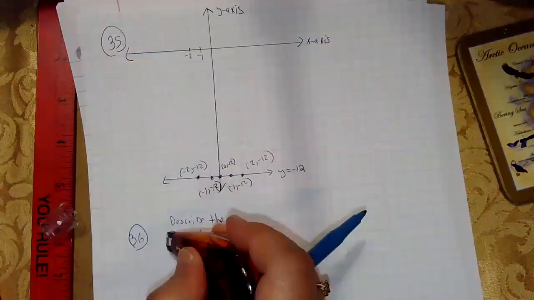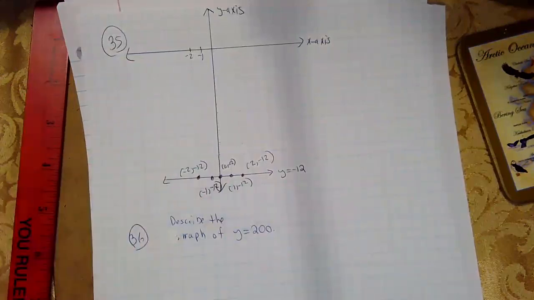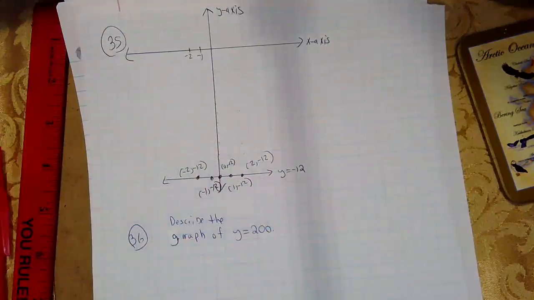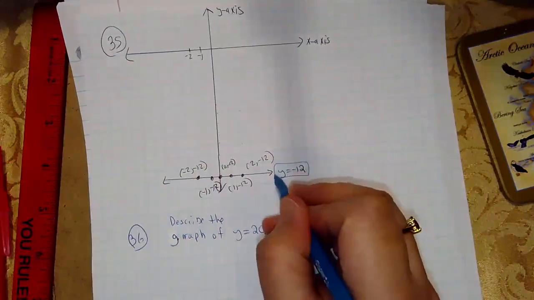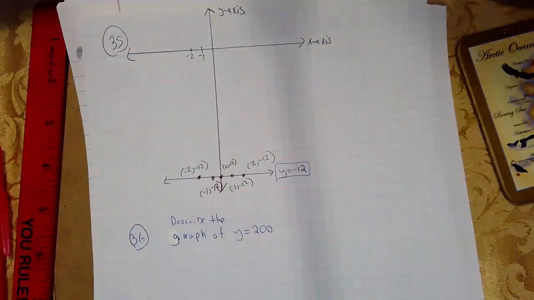Describe the graph of y equals 200. So based on the one we just did, 35, where y equals negative 12, I would just have y equals 200.